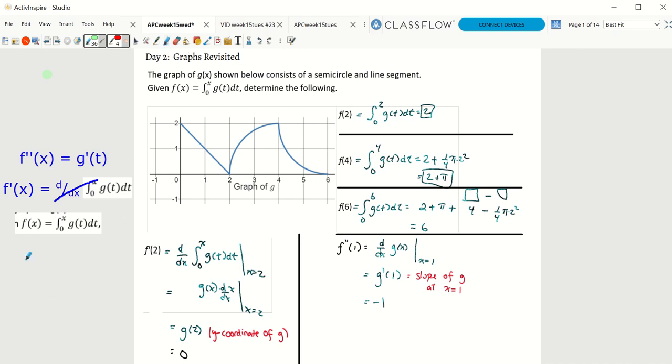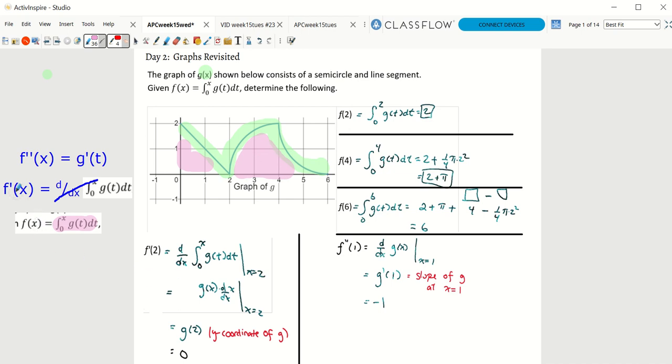At the first floor of the building, it's f of x, which is the area of the graph of g. This is the graph here. On the first level, f of x is equal to the area here, the pink.